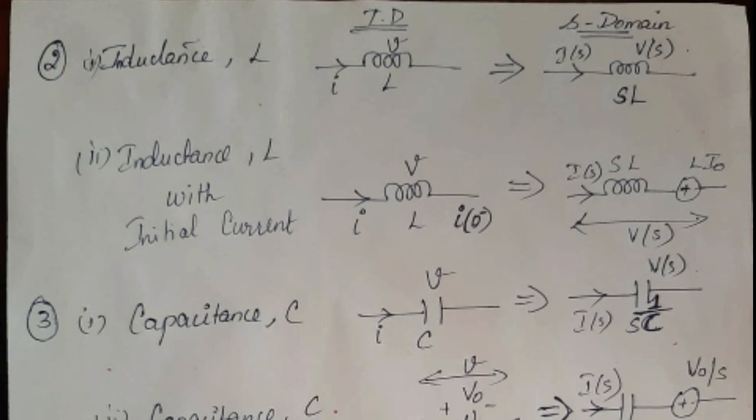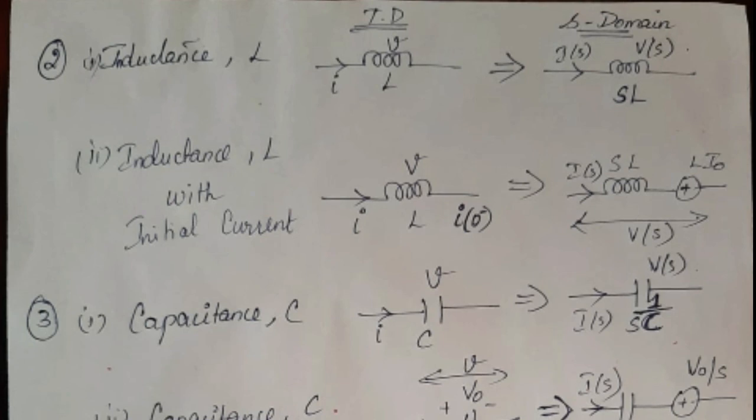And hence we can conclude that we have seen how to analyze a circuit and its parameters for resistor, inductor and capacitor, and how we can analyze the circuit by using time domain to S domain using Laplace transform in this video. In the next video, we shall see the problems related to this transient analysis and how to obtain the responses, that is current and the voltages.